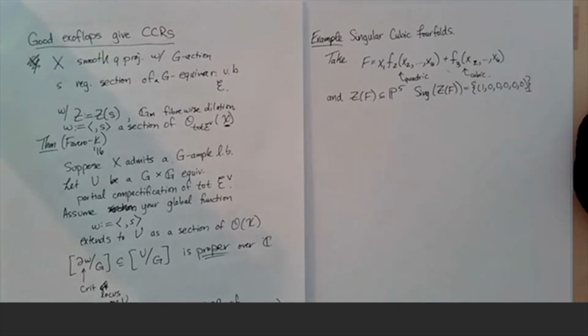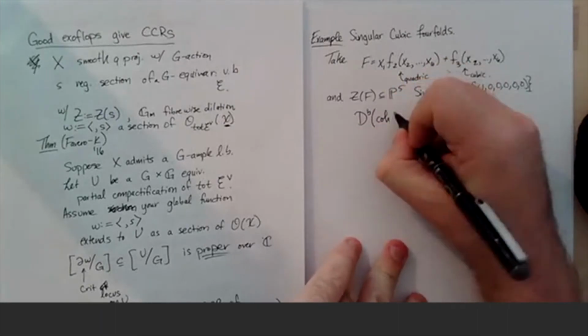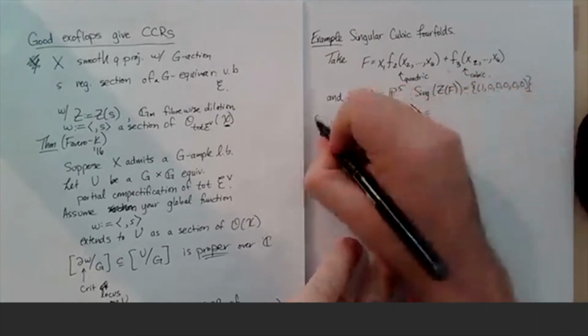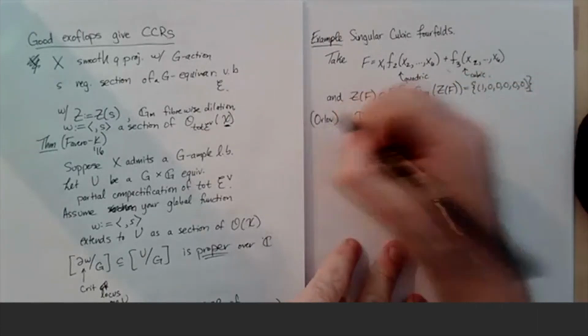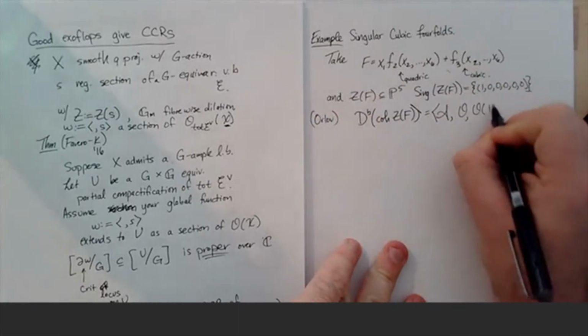But we still have Orlov's theorem that the D^b coh of Z of F, by Orlov, is some semi-orthogonal decomposition that looks like this.